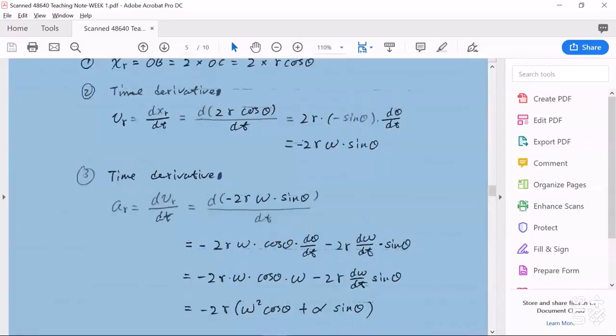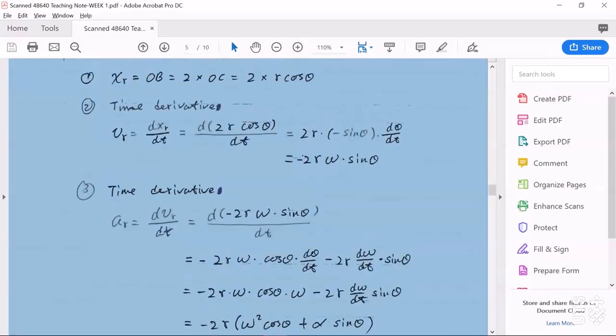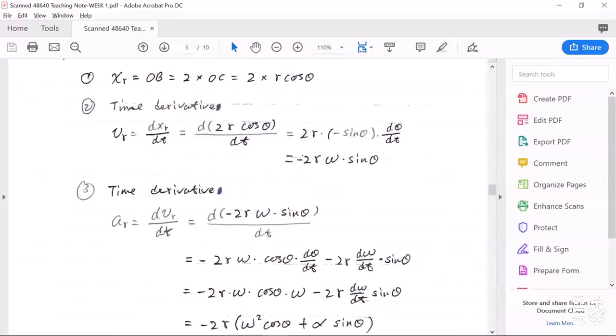Okay, now you can see we can use these three equations to express the relationship of the displacement of this rod and the angular displacement of the cam. The relationship of the velocity of this rod and the angular velocity omega of this cam and the angular displacement of this cam.